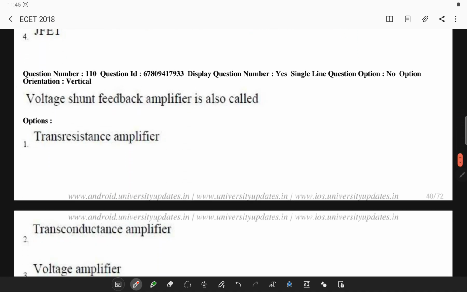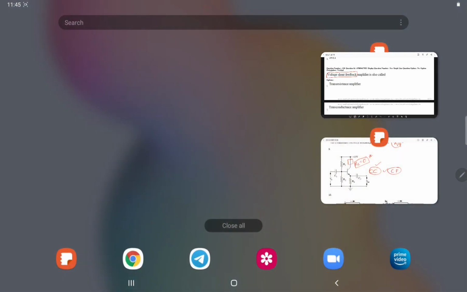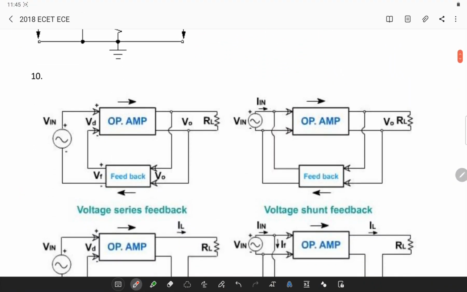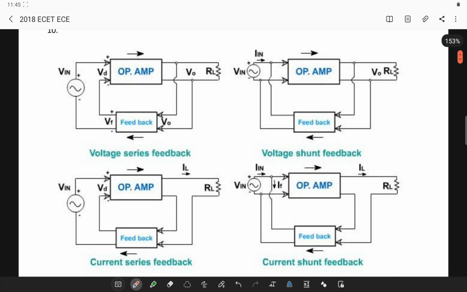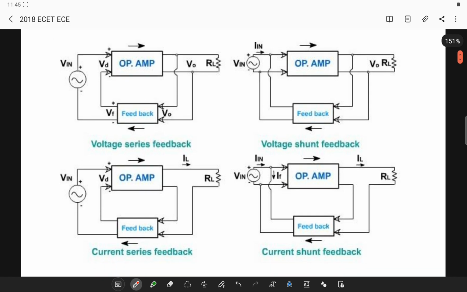Next, what is the name of voltage shunt feedback? These four configurations the student has to keep in mind: voltage series, voltage shunt, current series and current shunt.